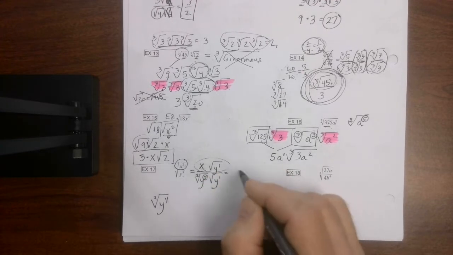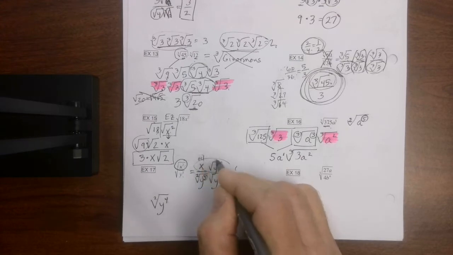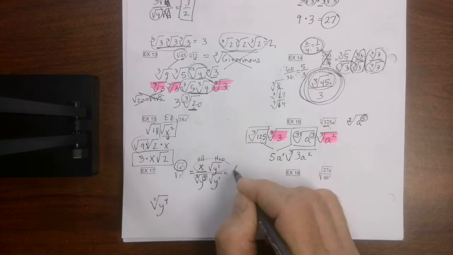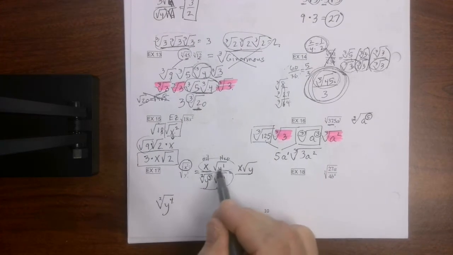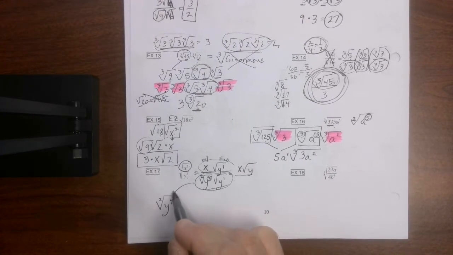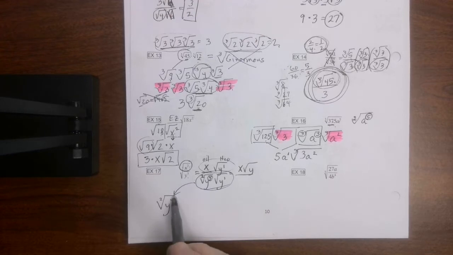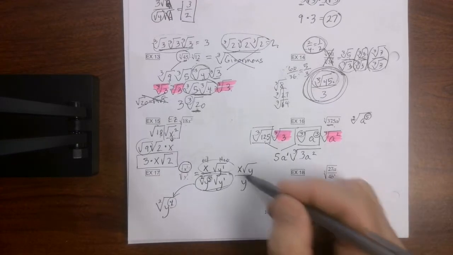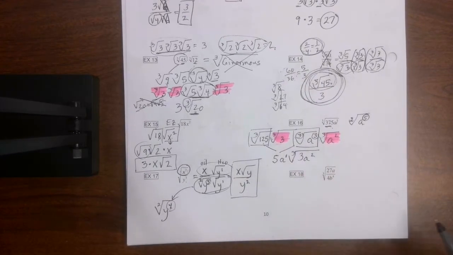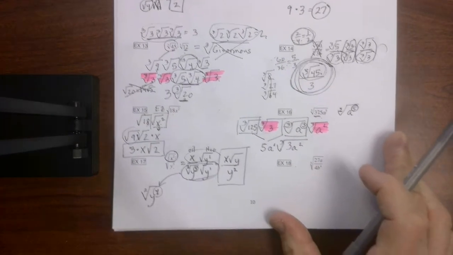I'll take care of the top. I got some oil here, and I got some water, so don't you dare mix those. But then, by multiplying these two things together, I get this. Now I can divide the 4 by the 2, and I get y squared. And then I'm done. All right, example 18, last one.